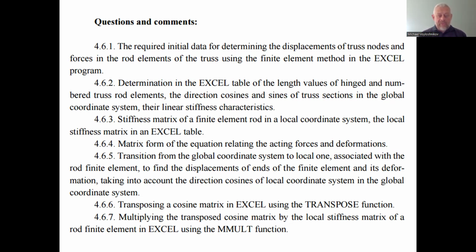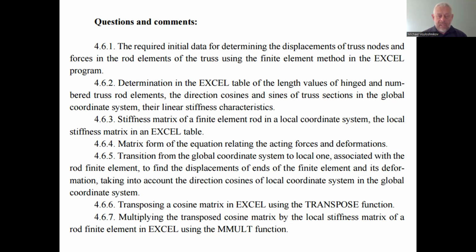4.6.3 Stiffness matrix of a finite element rod in a local coordinate system, with the local stiffness matrix in an Excel table. We can define the stiffness matrix. If we consider the flat truss as we did, this can be of size 2 by 2.